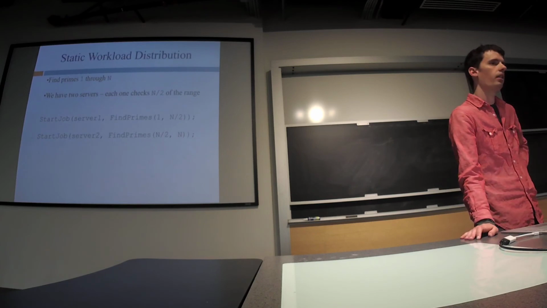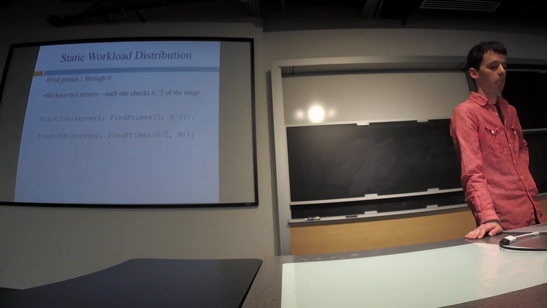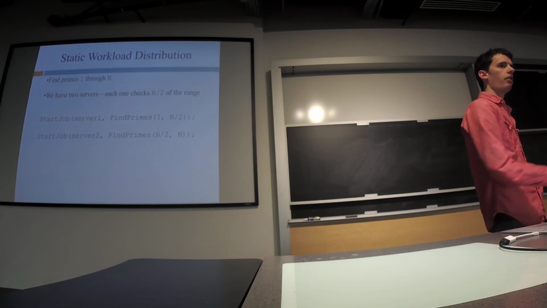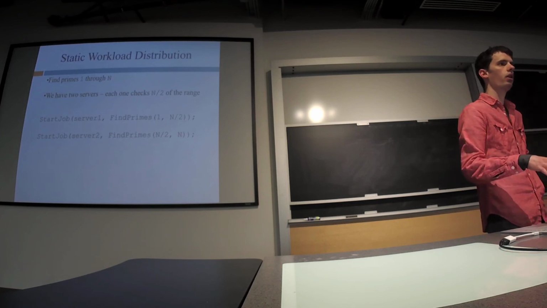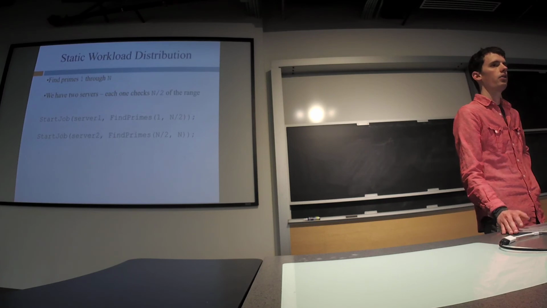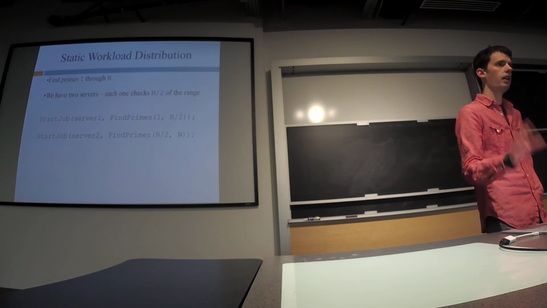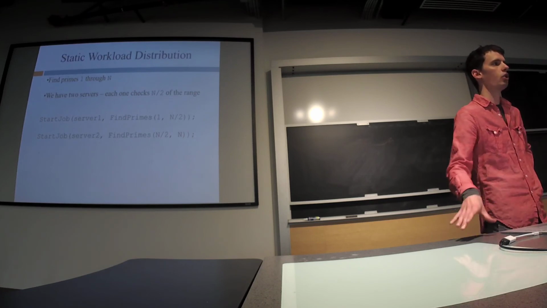Let's look at a super basic example. We want to compute prime numbers. Let's say I tell server 1 to work on prime numbers 1 through n over 2, and server 2 to work on prime numbers n over 2 through n. Let's say that the single machine version of this takes 1 hour. How long does the 2-machine version take?